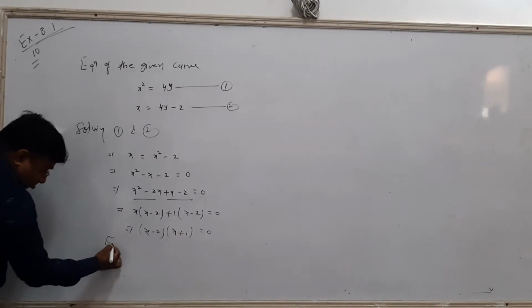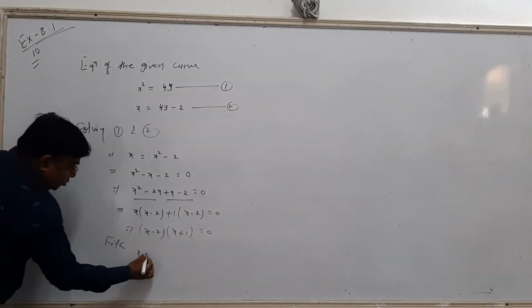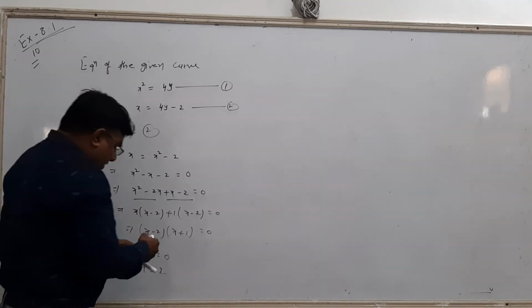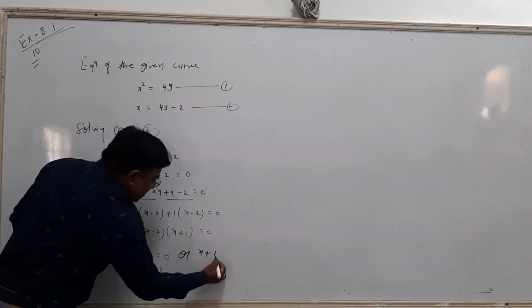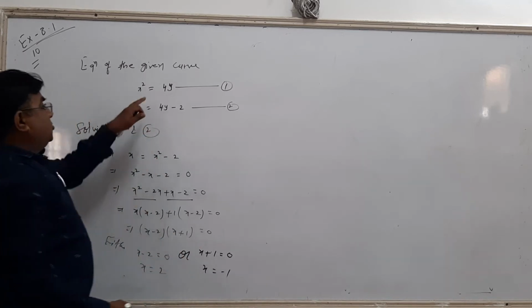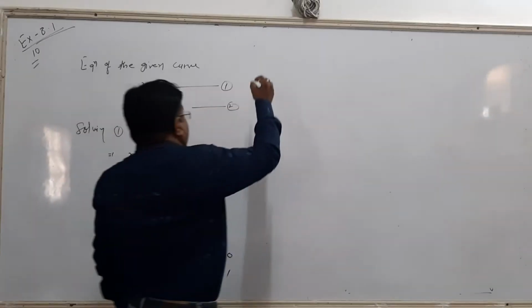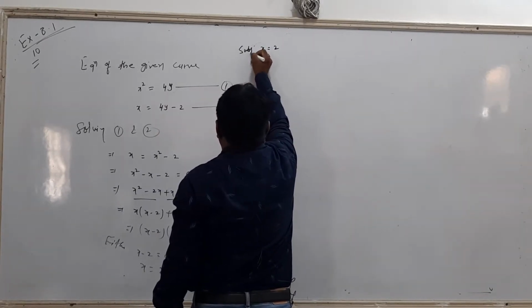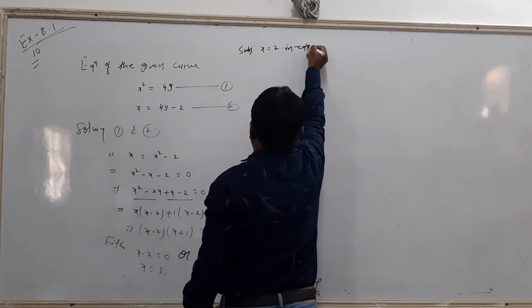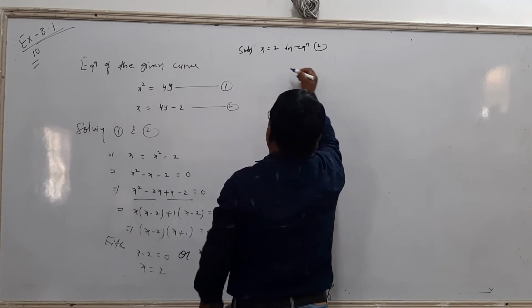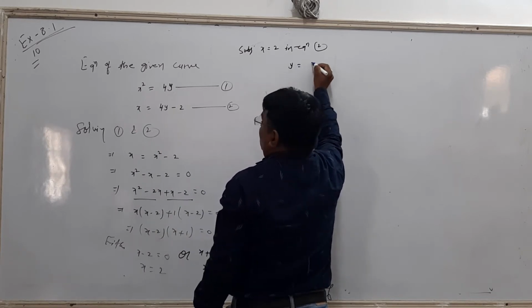So either x minus 2 equals to 0, the value of x is 2, or the other factor x plus 1 is 0, then x equals to minus 1. These are the two values of x. Now substitute in the second equation. Substitute x equals to 2, then minus 2 transfer, 4y equals to 4, then y equals to 1.